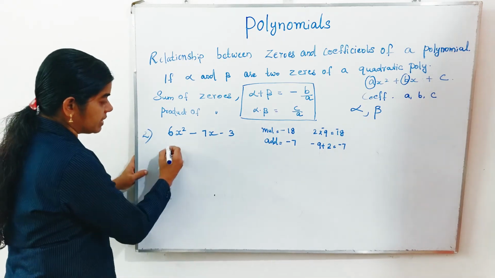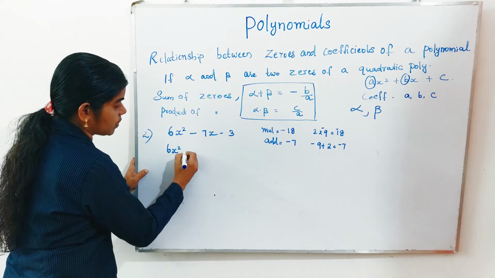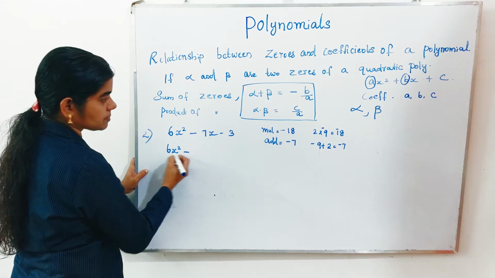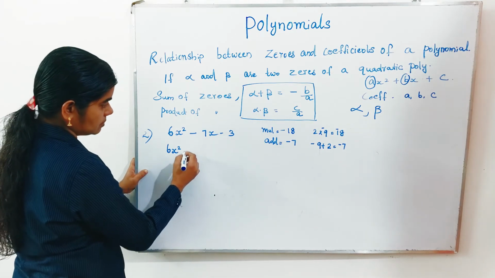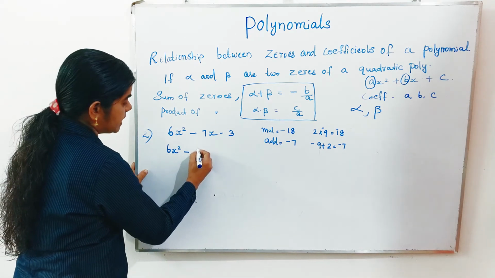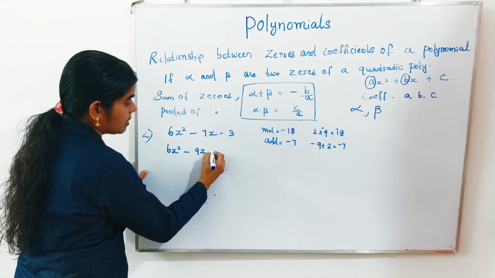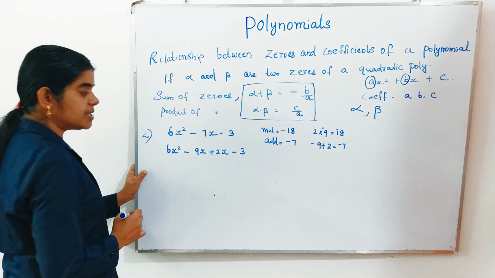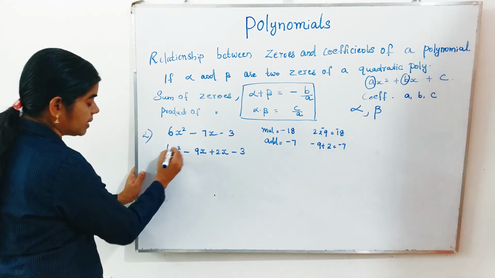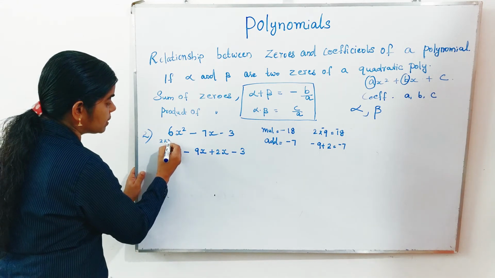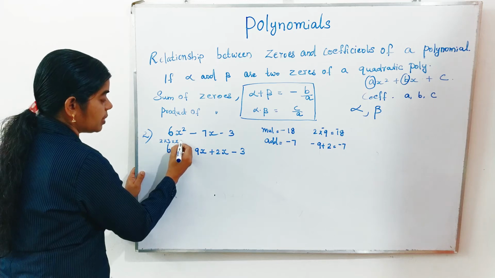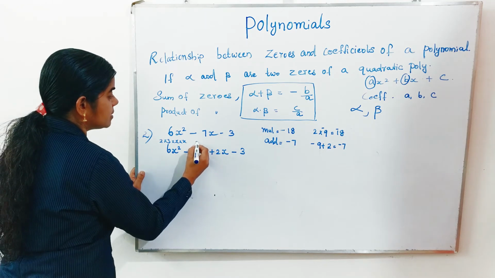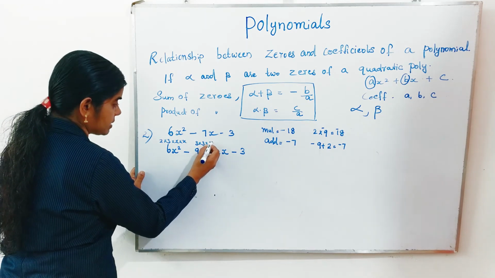So we are splitting here. Then 6x square minus 9x plus 2x minus 3. From these two, we can take the common number. Here 6x square means 2 into 3 into x we can write. Here 3 into 3 into x.